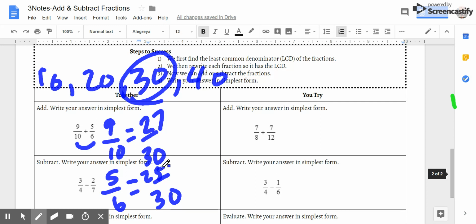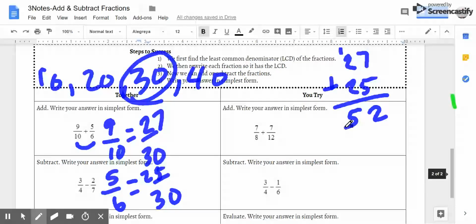So essentially, I am going to have 27 plus 25. I'm really sorry that my pen is so fat. So we've got 27 plus 25 is 52 over 30.